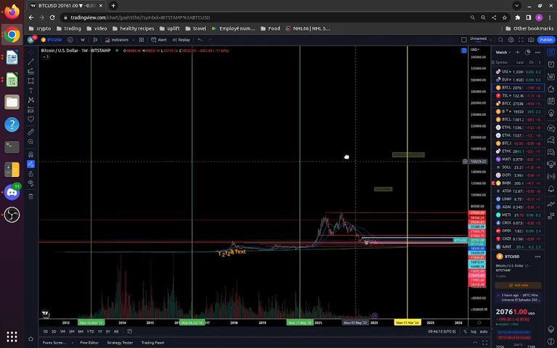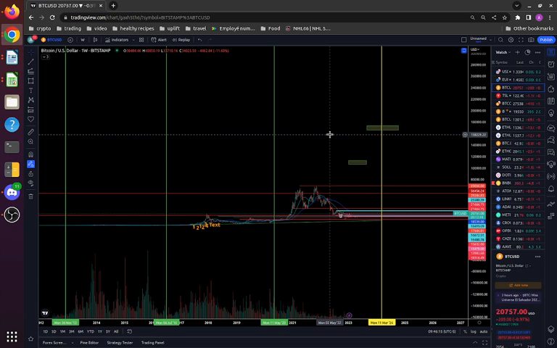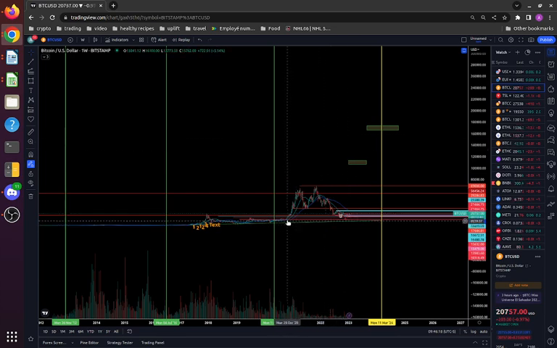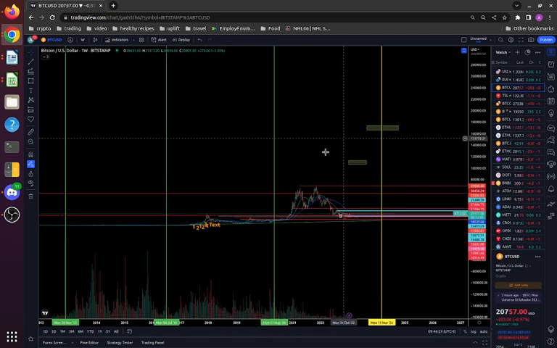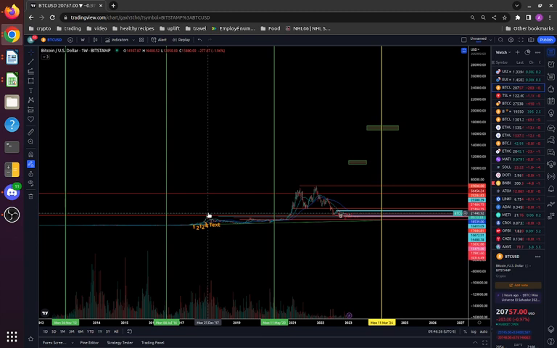Now for sure, we never know, and as we saw in the previous cycle here, we went way beyond those extensions, and then just remember, it wasn't that popular, and institutions were not investing in this cycle.